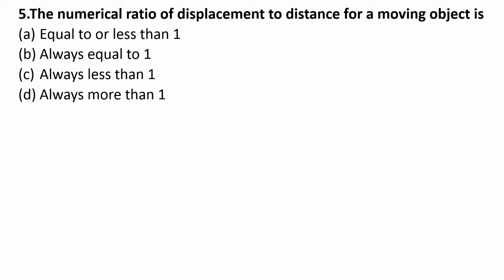Here the ratio of displacement to distance for a moving object. For a given path, this ratio of displacement to distance is equal to 1 or less than 1, but it should not be more than 1. So the answer is option A, equal to or less than 1.